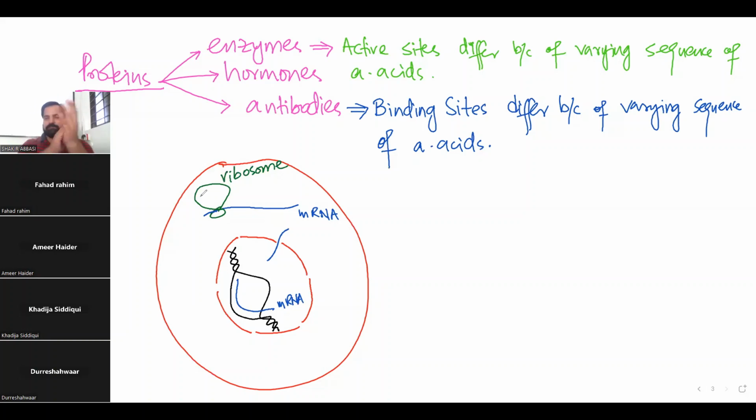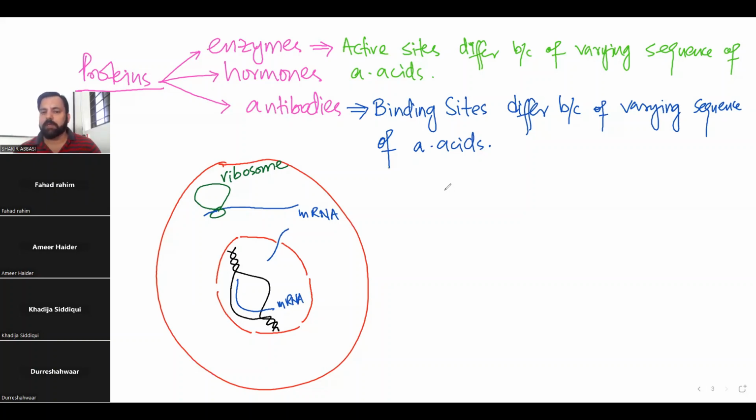Bases. Perfect, excellent. Because RNA, whether mRNA, rRNA, tRNA or DNA, is a nucleic acid made up of bases. So the sequence of bases in mRNA decides the sequence of amino acids in the protein.